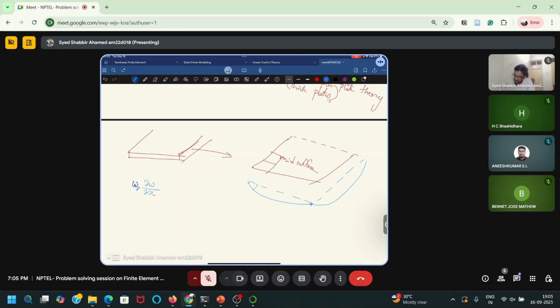So this is, let's say, dou w by dou x, and this is dou w by dou y. At each node I will have 3 degrees of freedom. This is w, you can also call it theta x, and this is theta y. Compared to our beam, where we had only 2 degrees of freedom at each node, here we have 3 degrees of freedom. That is the difference.